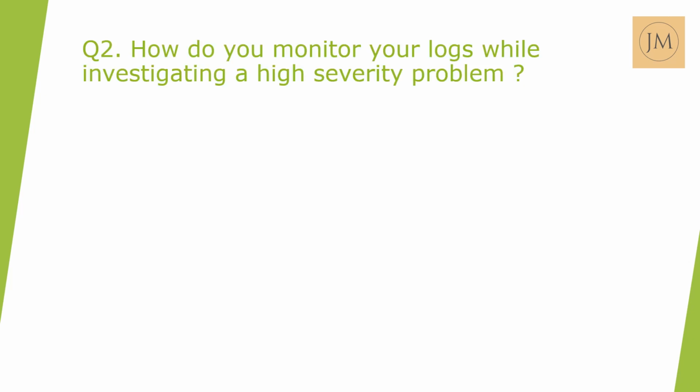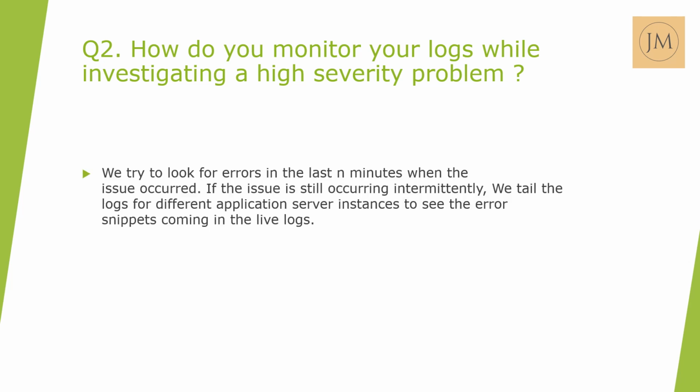Let's move on to the next question. How do you monitor your logs while investigating a high severity problem? So the answer would be we try to look for errors in the last n minutes when the issue occurred. If the issue is still occurring intermittently, we tail the logs for different application server instances to see the error snippets coming in the live logs.